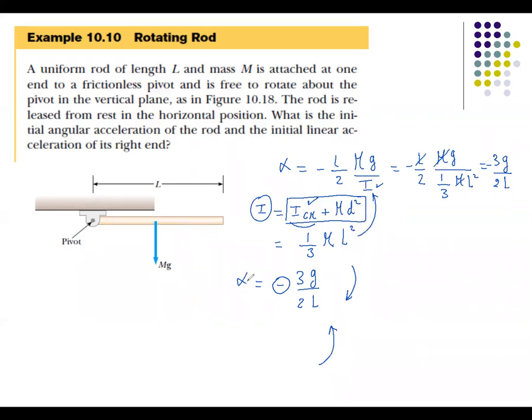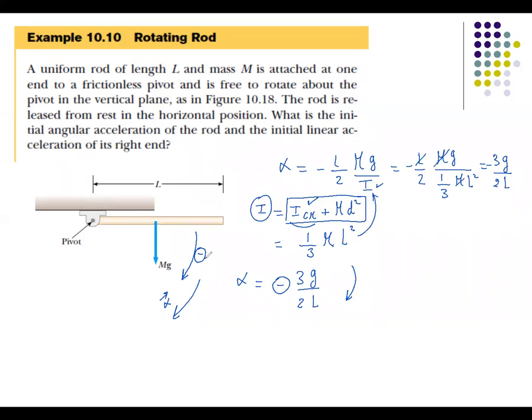Here, alpha, the angular acceleration, is in the negative direction. This is the negative direction. Alpha is like this, the alpha vector.